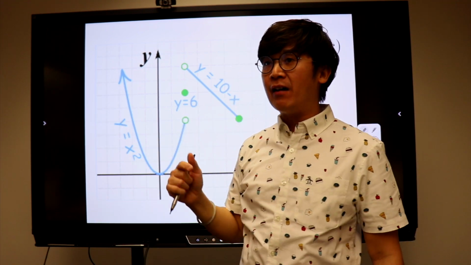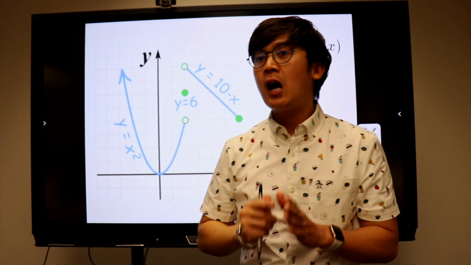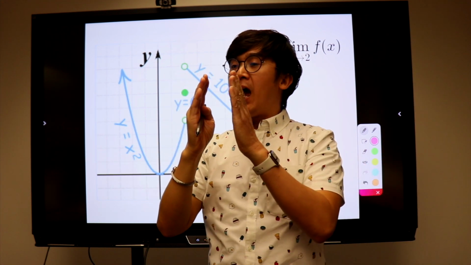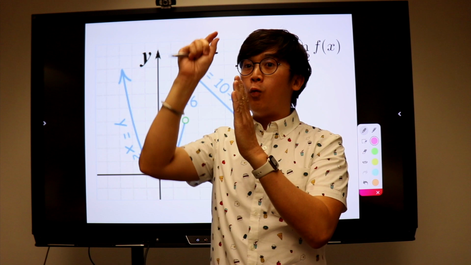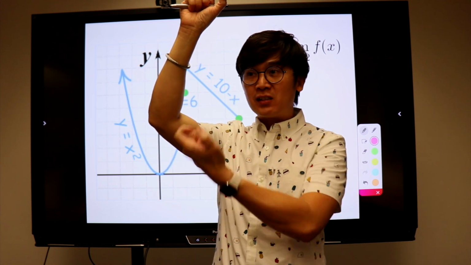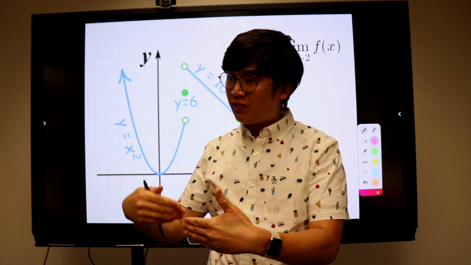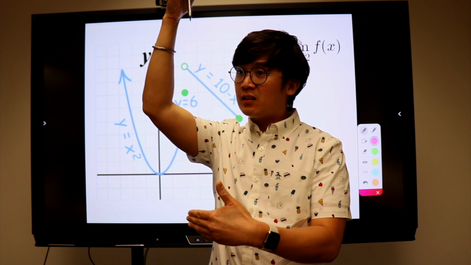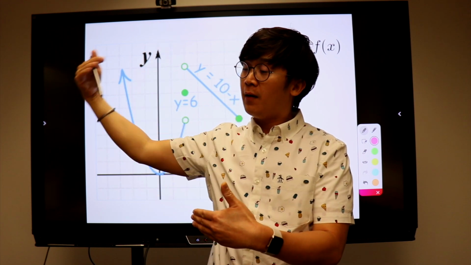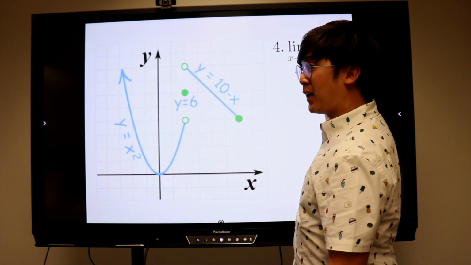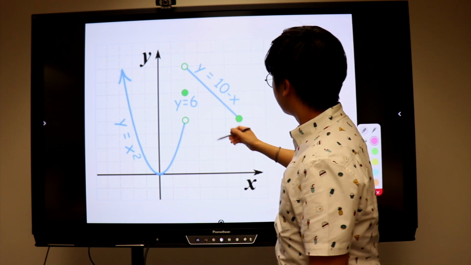When you are seeing a graph, it only means that coming from the left and coming from the right, that particular value of y at x should approach the same value of y. At this particular value of x, it should approach the same value of y from the left and from the right. We're approximating x equal to 2, right?